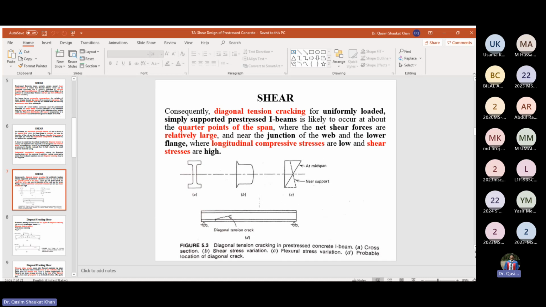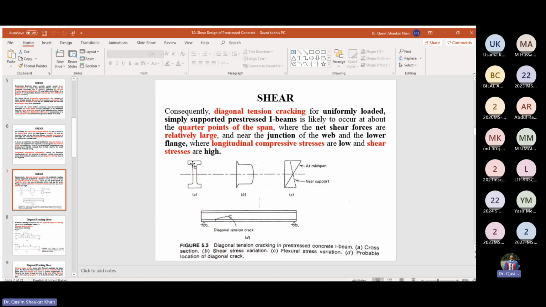So consequently, diagonal tension cracking for a uniformly loaded, simply supported, pre-stressed I-beam is likely to occur at about the quarter point of the span, where the net shear forces are relatively large, and near the junction of the web and the lower flange, where longitudinal compressive stresses are low and shear stresses are high.